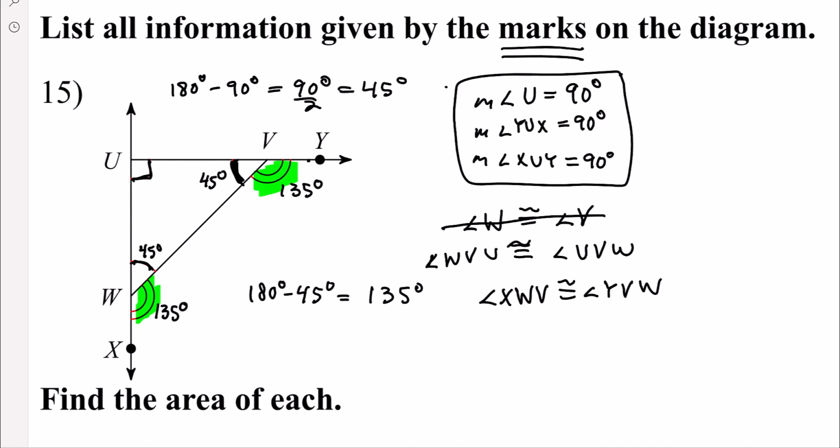And again, we can get that from the markings because these angles are the same measure, and we have a right angle. These have to be 45 degree angles. And then because this 45 degree angle sits on this straight line, they become a linear pair, so 180 subtract 45 is 135 degrees. All right, that's it for this one.